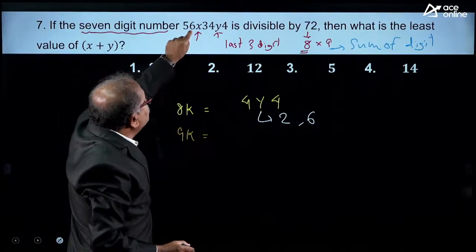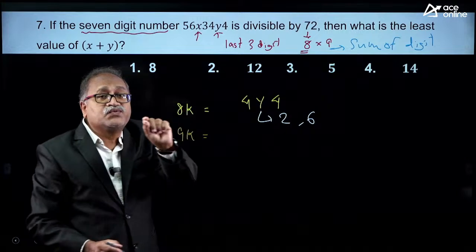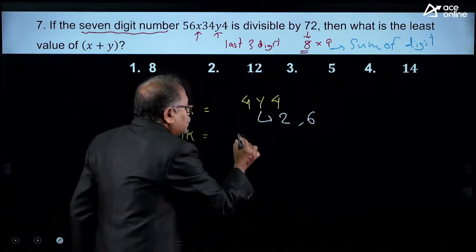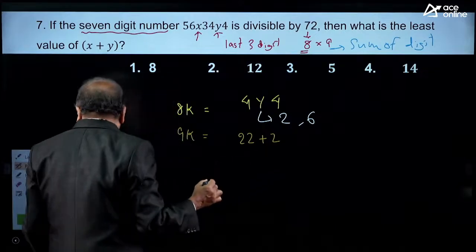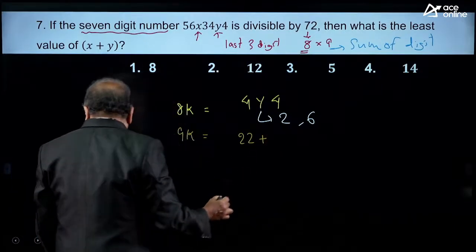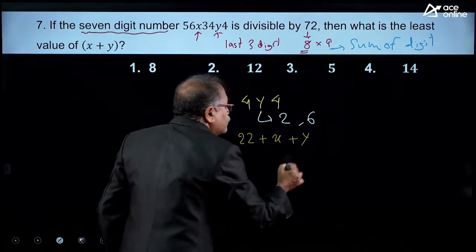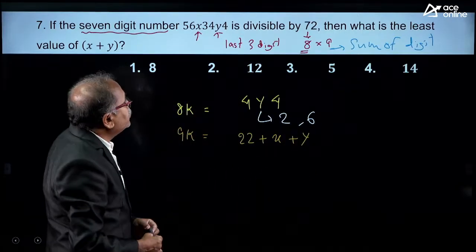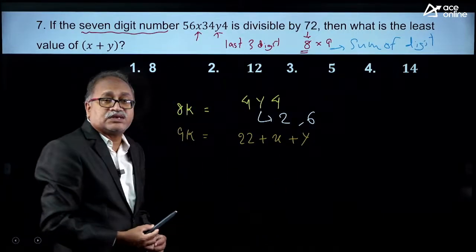That is 5 plus 6 is 11, and 11 plus 7 is 18, and 18 plus 4 comes to 22. So it is 22 plus x and plus y. Right, my dear friends? And the y value we already know, it could be either 2 or 6.